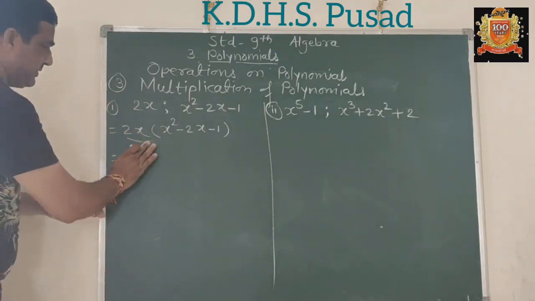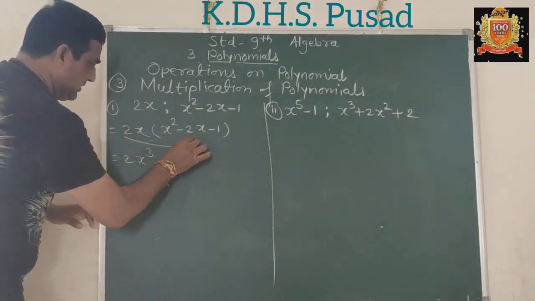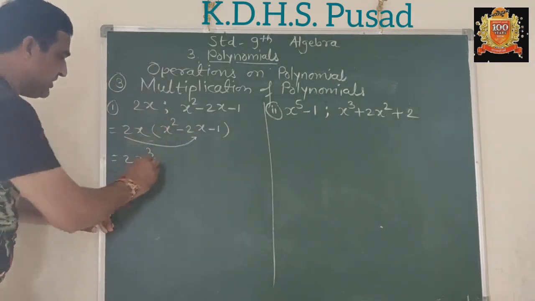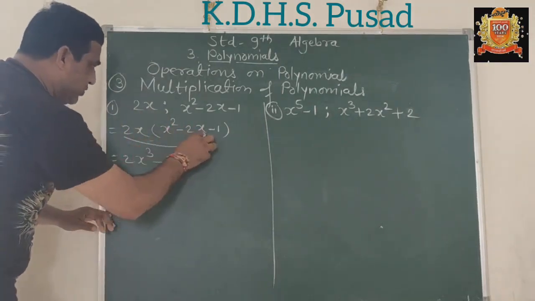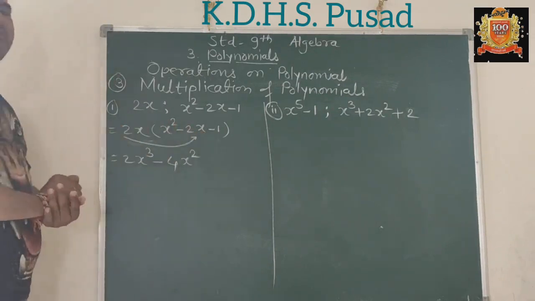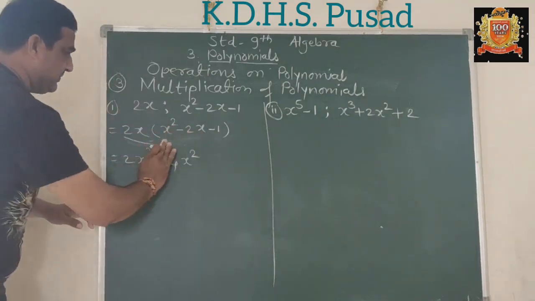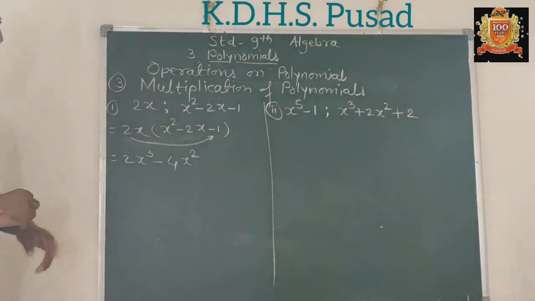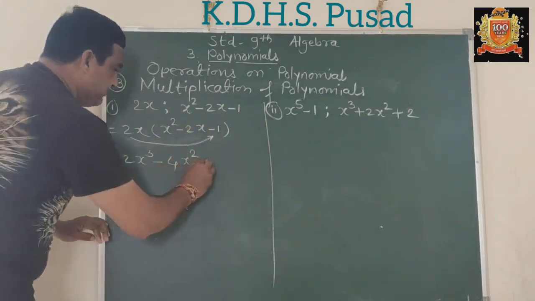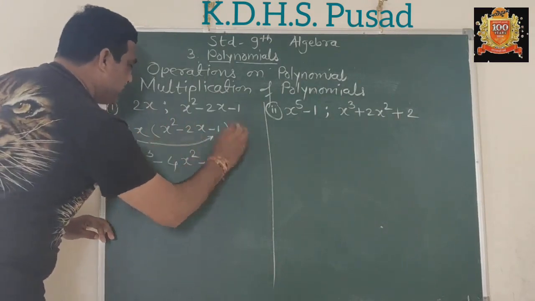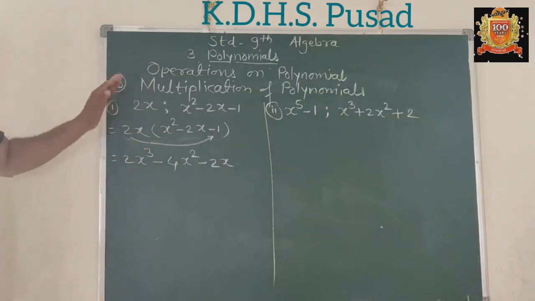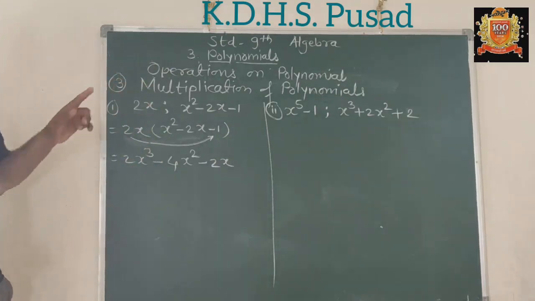Now multiply these two. 2 into minus 2, that is minus 4. Now x into x, that is x square. Then this multiplication, 2 into minus 1, that is minus 2, and this x, minus 2x. So in this way, you have to perform multiplication when monomial.